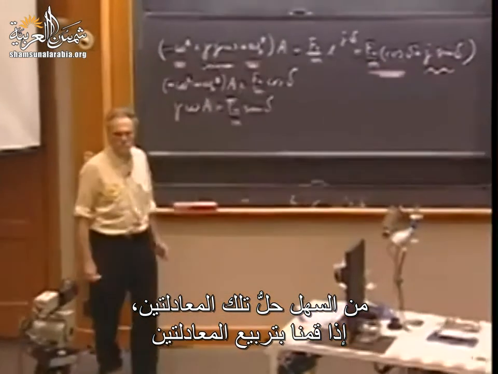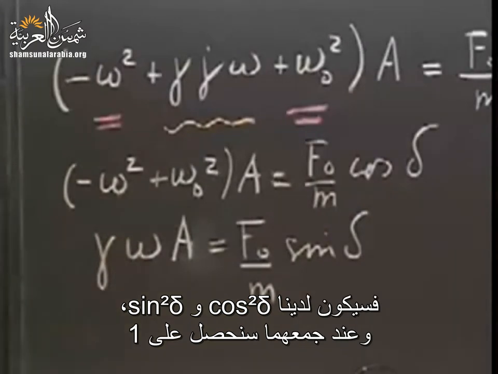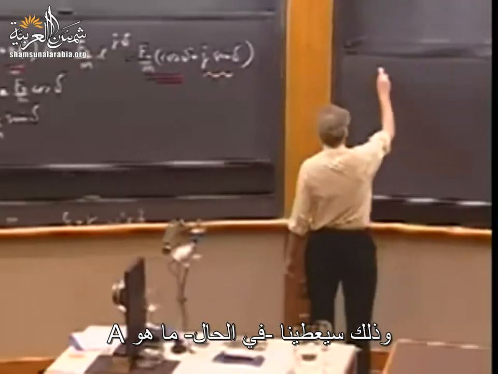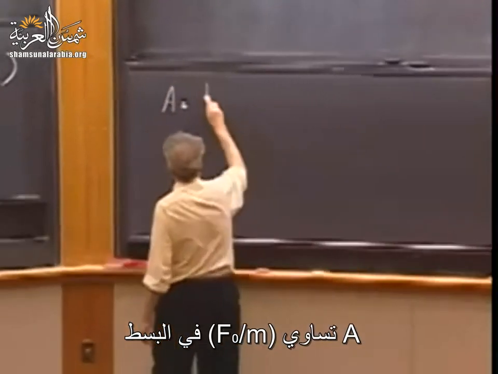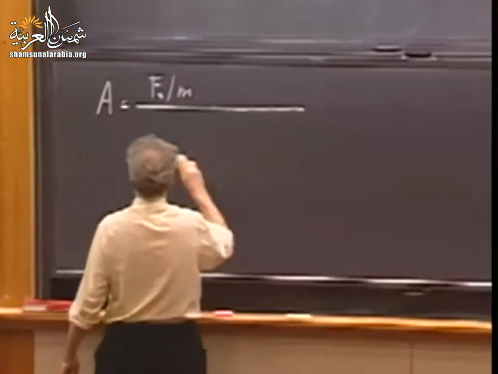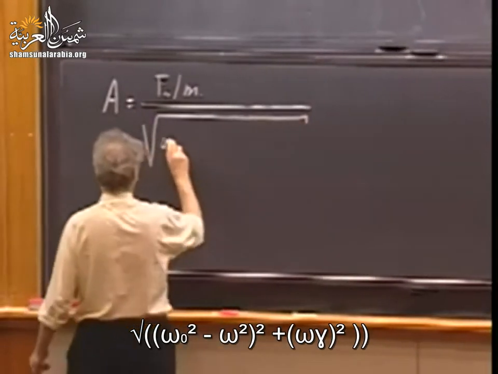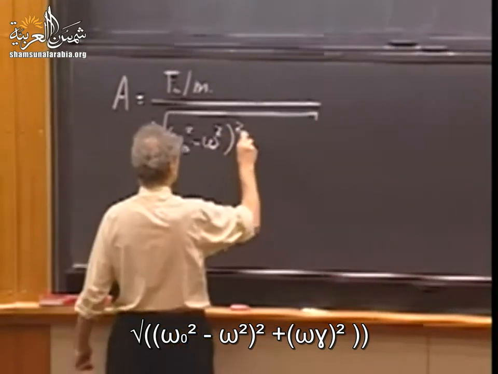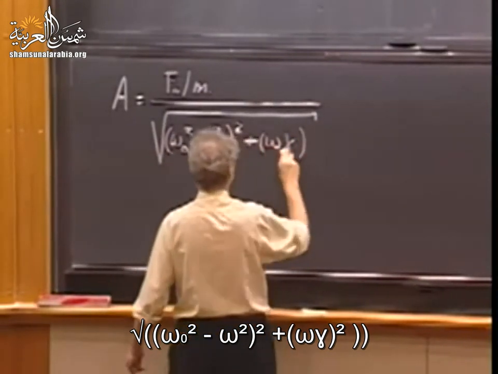If you square them, then you get sine squared delta and cosine squared delta. You add them up, that's 1. And so that immediately gives you what A is. So A is going to be f0 divided by m upstairs, and downstairs you're going to get the square root of omega 0 squared minus omega squared, squared, plus omega gamma squared.